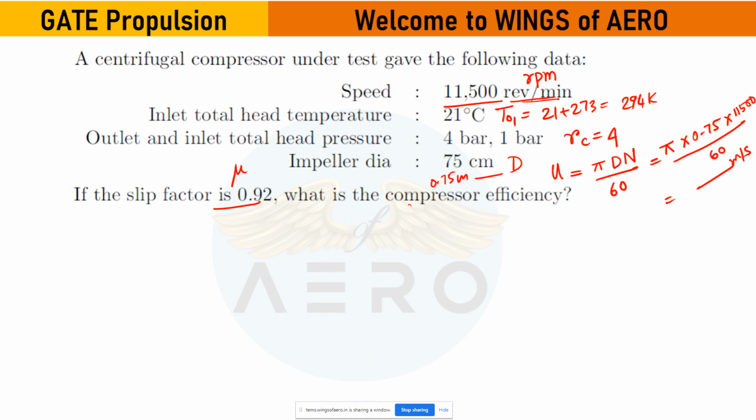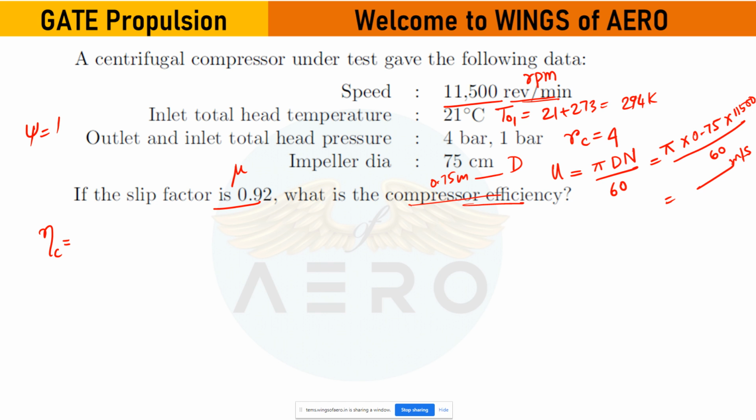Now what is our main motto? To find the compressor efficiency, eta C. What is eta C? Just now we have seen the power input factor is not given, so we have to consider the power input factor as 1.